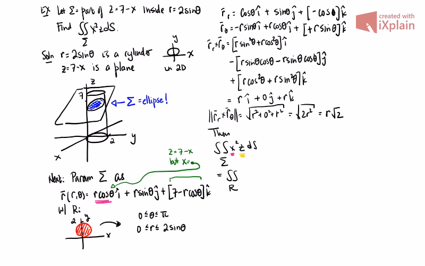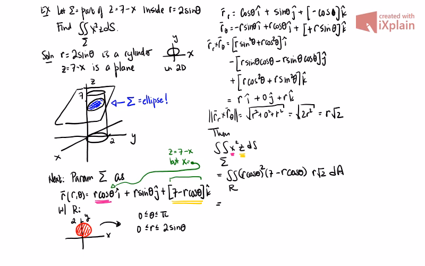And the z here gets replaced by the z component right here. So this x becomes r cosine theta, that's squared. The z becomes 7 minus r cosine theta. Then we put in this thing we just calculated, the r root 2, and then dA.